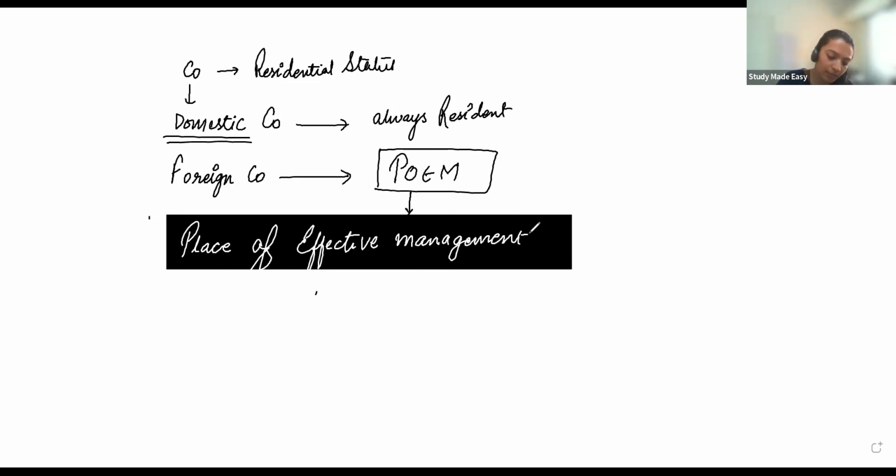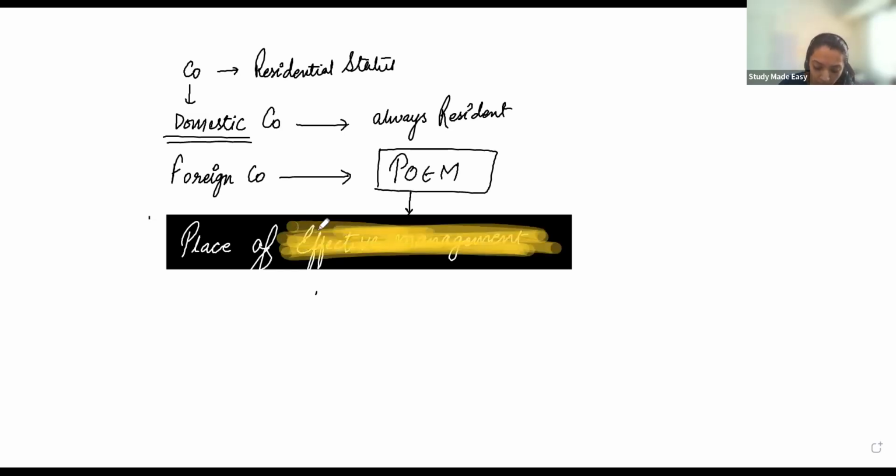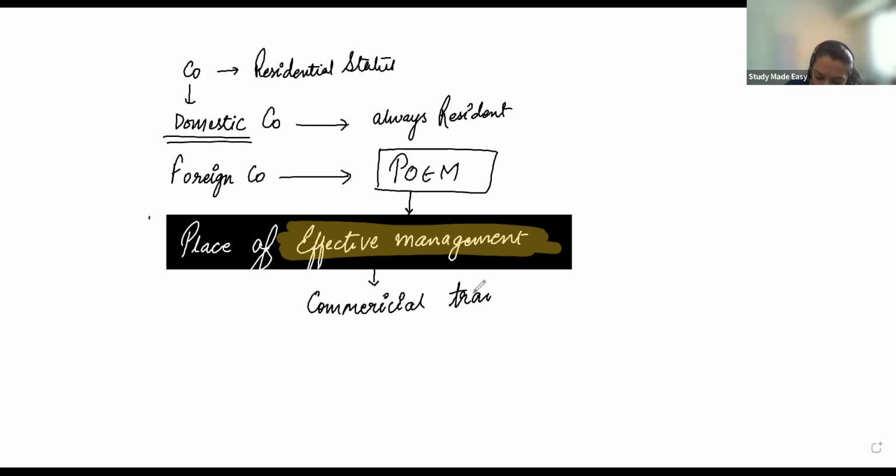Now, what do you mean by this word, place of effective management? It means, suppose there are commercial transactions going on in India.